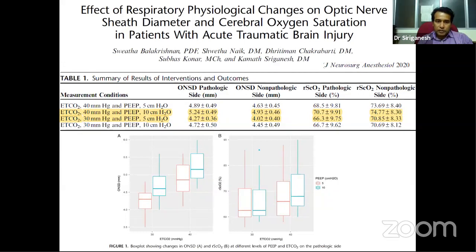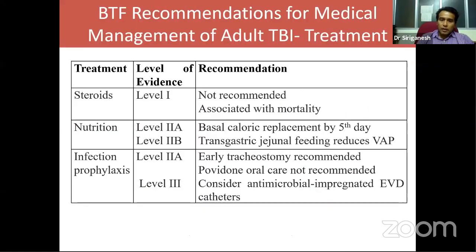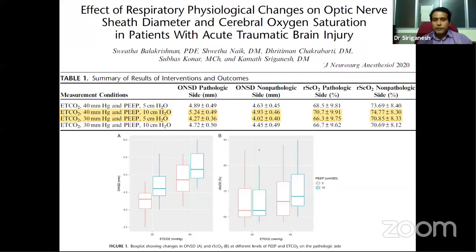We found that the best combination to reduce ICP was a carbon dioxide level of 30 mm of mercury and a PEEP of 5, and the best combination to increase the oxygen saturation in the brain was EtCO2 of 40 and a PEEP of 10, which are both higher. CO2 is normal and PEEP is higher. However, what this means is that we have to individualize our treatment goals and treatment interventions. One size does not fit all patients.